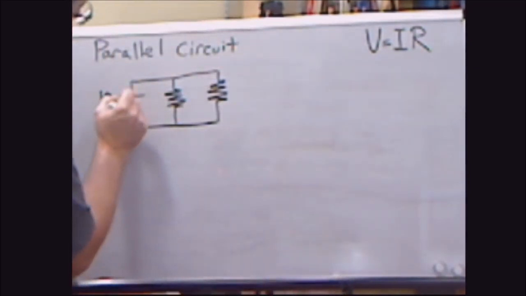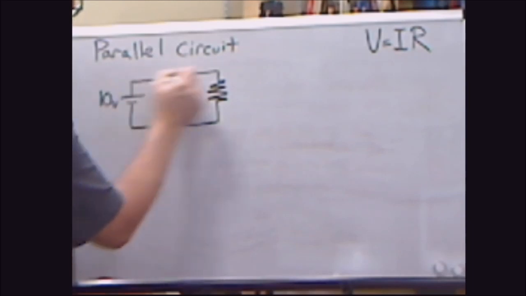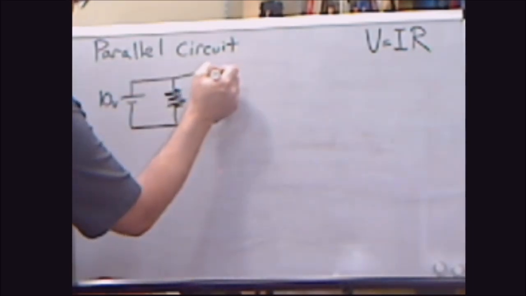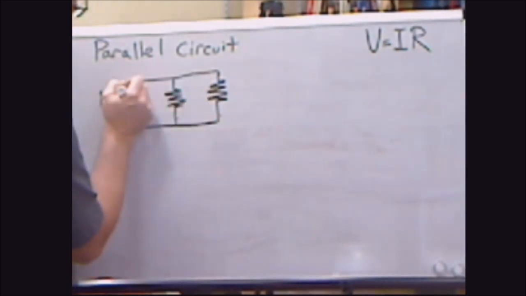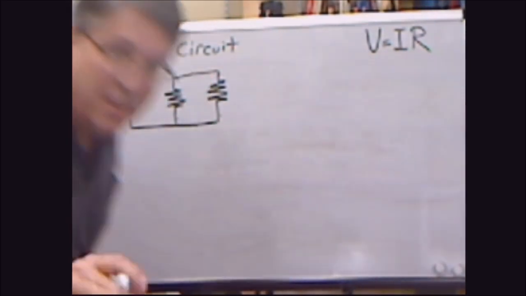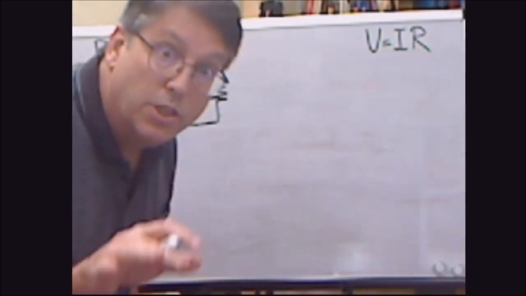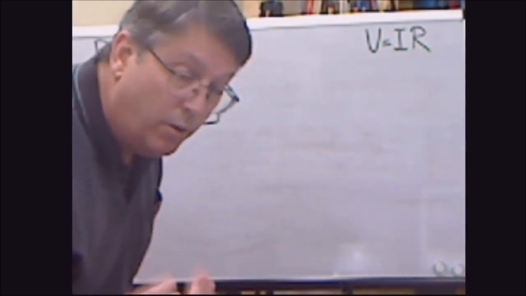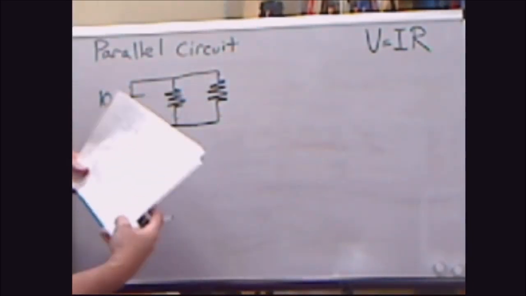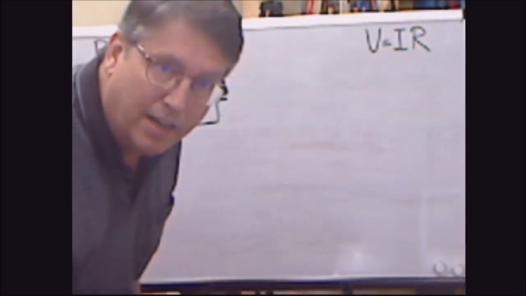If this is 10 volts across there, you can see these are all just wires. So whether I measure here and here, or here and here, it's still going to be 10 volts. So in a parallel configuration, the voltage is the thing that stays the same when we're trying to compute what current is going where and things like that.